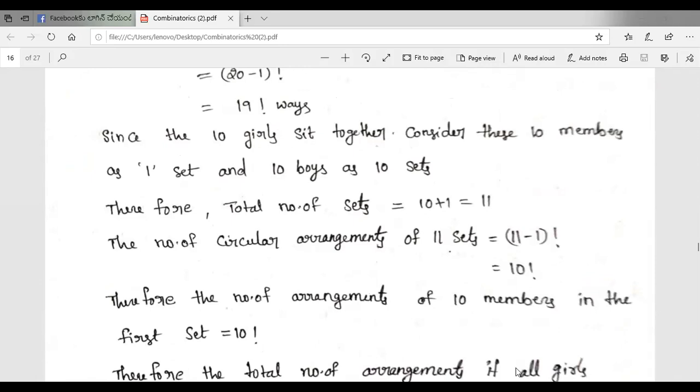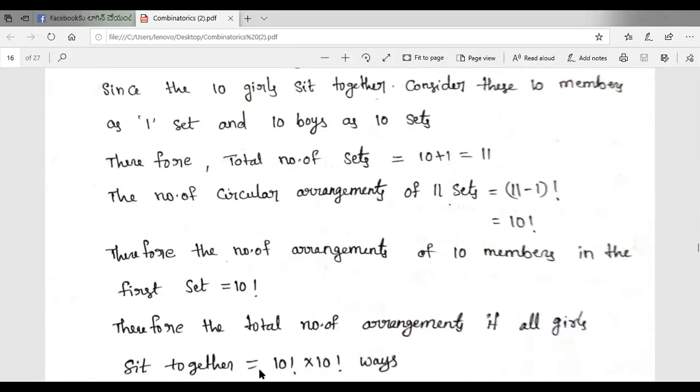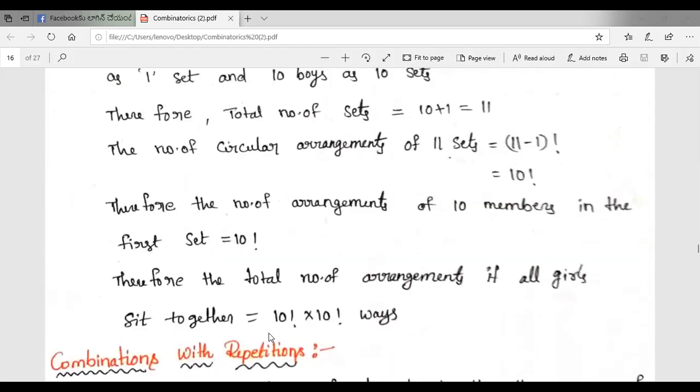So the total number of arrangements if all girls sit together is 10 factorial into 10 factorial ways.